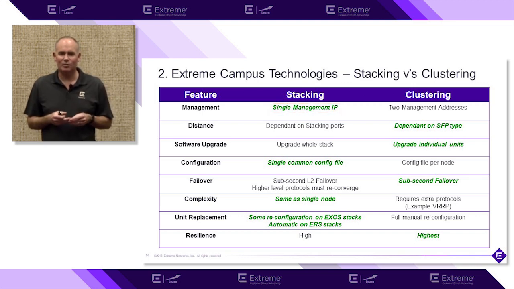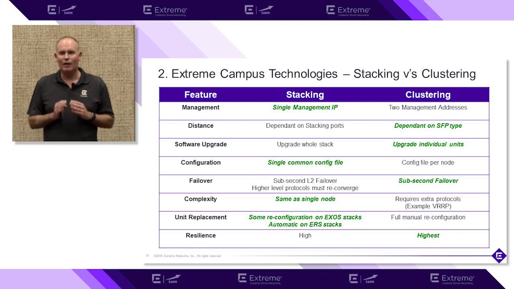From a distance perspective, as in how far we can place the units apart, clustering wins out. With stacking, we're sometimes limited to particular types of stacking cable, which can limit the distance that we can split a stack over. Think of a customer that has 2 data centers and they want to split between the 2 data centers. With stacking, it may not be possible.